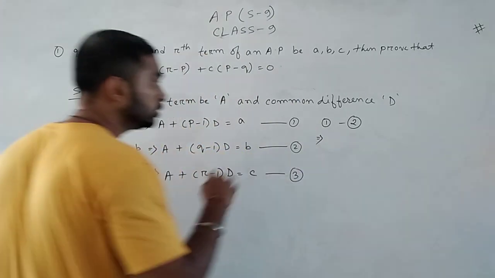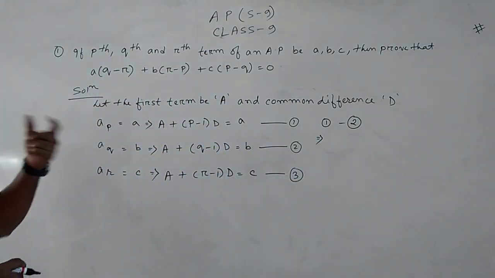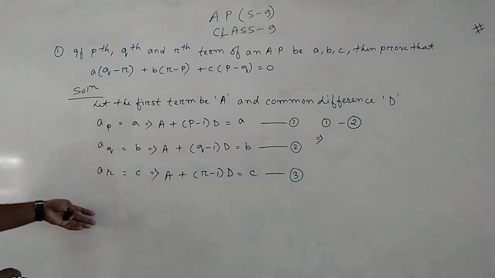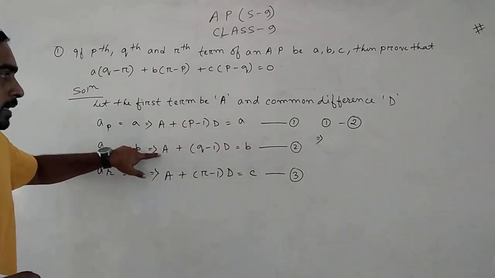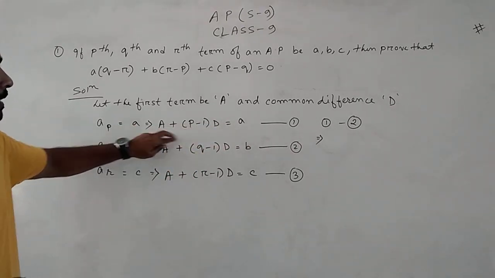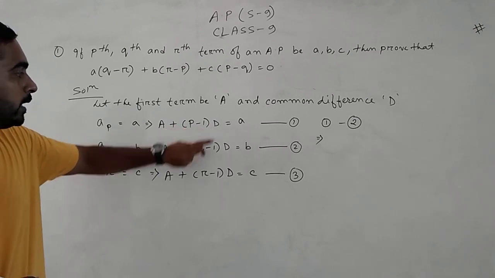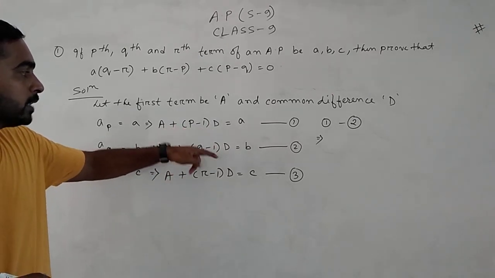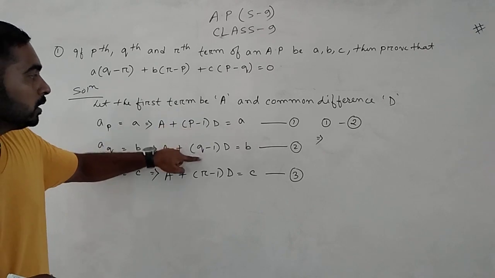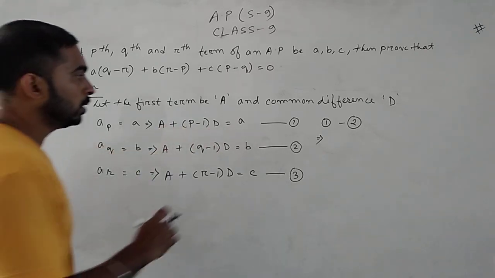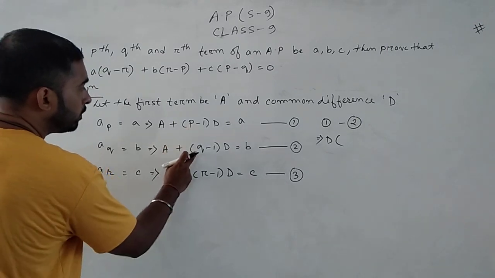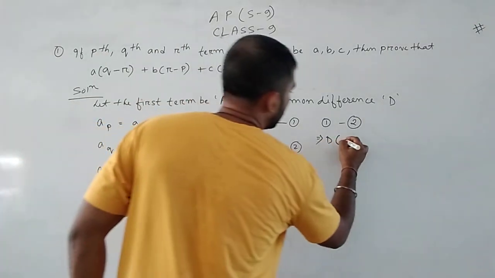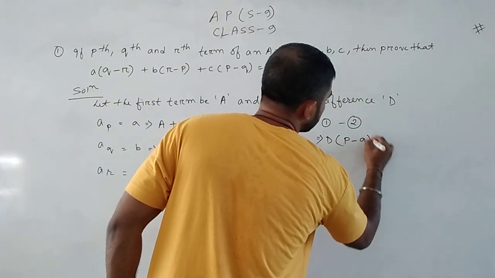So here I use a shortcut because there's not enough space to solve the question. So 1 minus 2 means A minus A cancel, and p minus 1 D, q minus 1 D. If I subtract this from this, in both the terms D is common. P minus 1 minus q, this becomes plus 1, so it becomes ultimately p minus q.